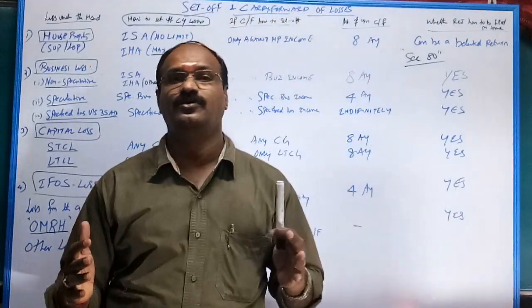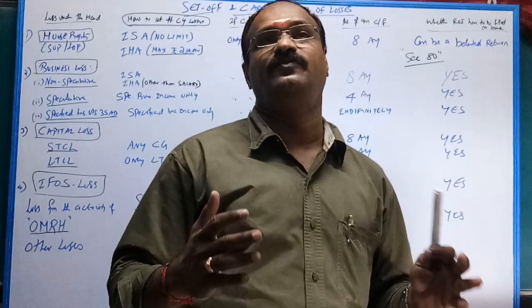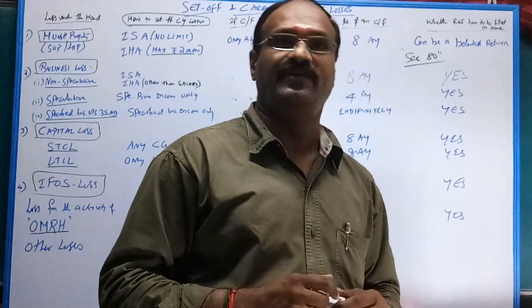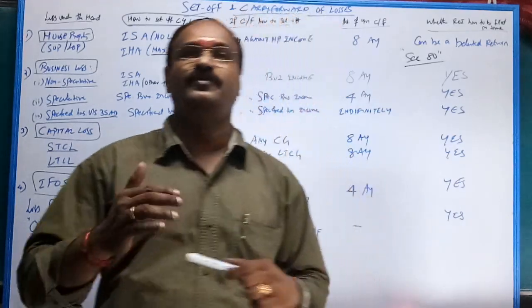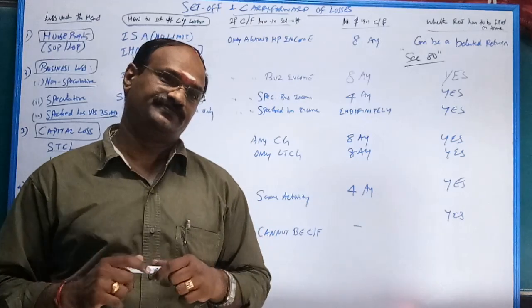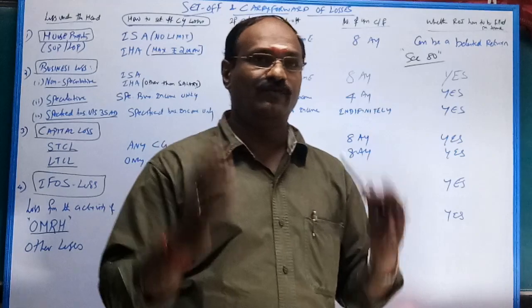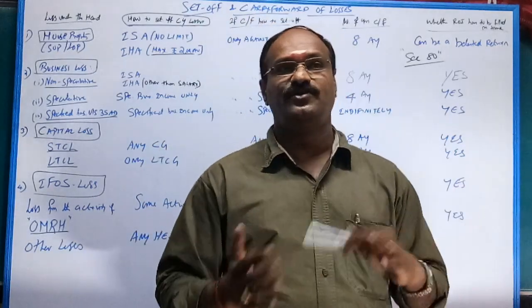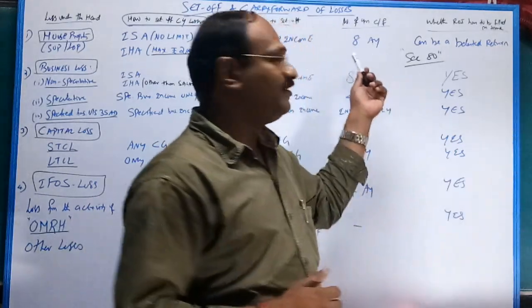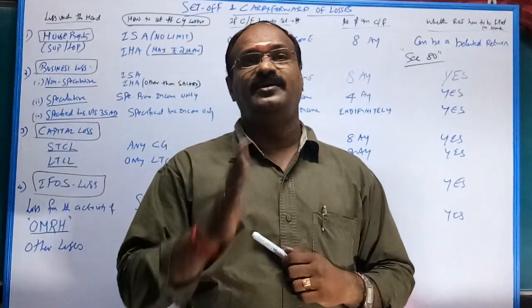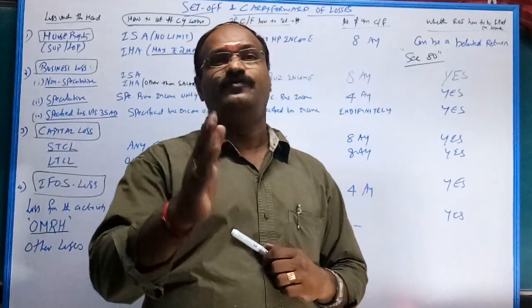In order to claim the benefit of carry forward, one must file his return of income before the due date. I didn't get you, sir. Very simple. If you want to carry forward your losses to subsequent years, 8 years are available, provided your current year return of income is filed before the due date.